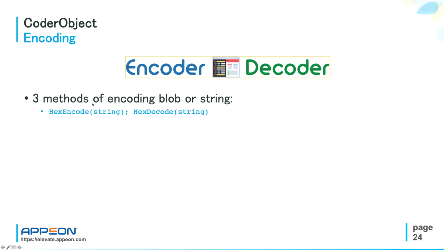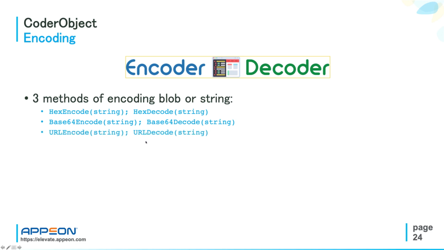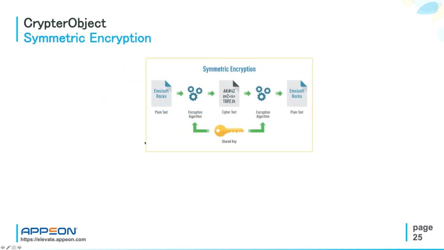Hexadecimal, so you have a hexadecimal encode and hexadecimal decode. Base64, which is very useful for sending binary data into the HTTP body. URL encode and URL decode for encoding web URLs.